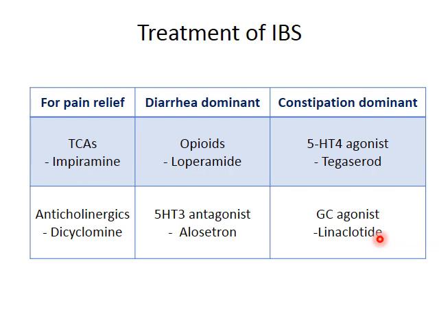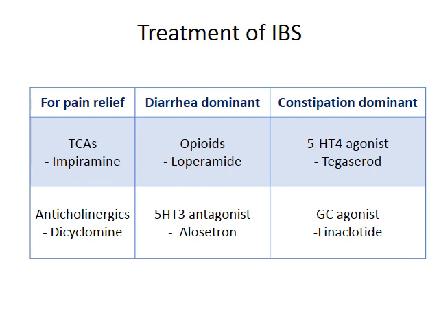If chloride rich secretion is there, it is helpful in constipation dominant irritable bowel syndrome. If GI secretion is increased, the stool consistency becomes liquefied, and it is used for constipation dominant irritable bowel syndrome. This is a newer congener, and its only drawback is that the cost is very high.